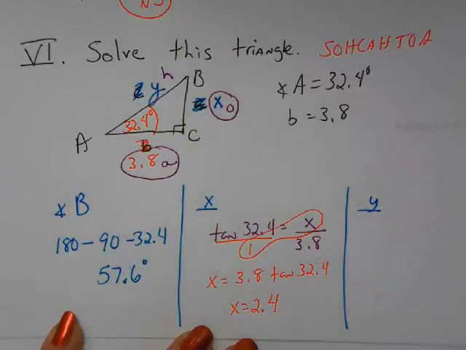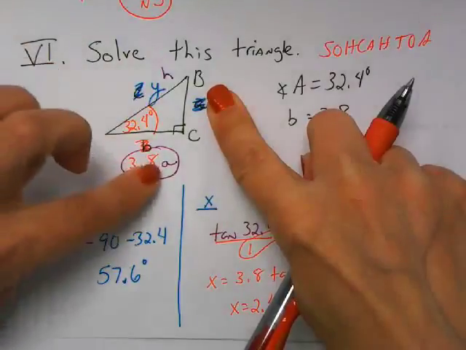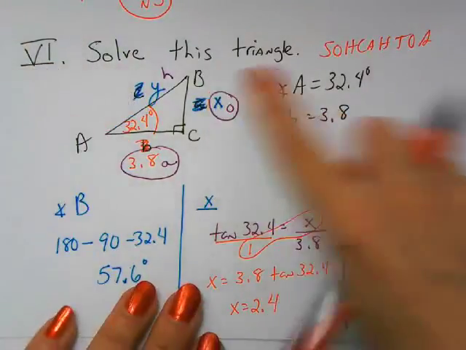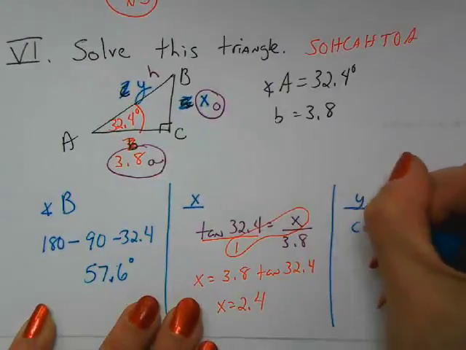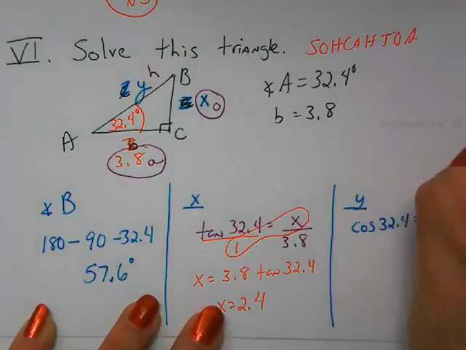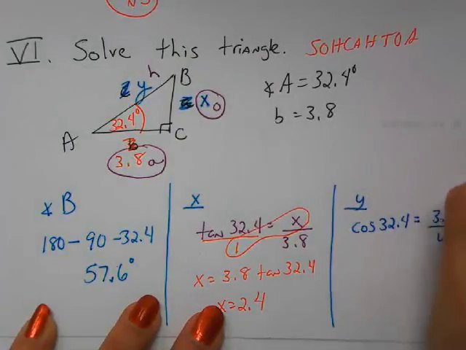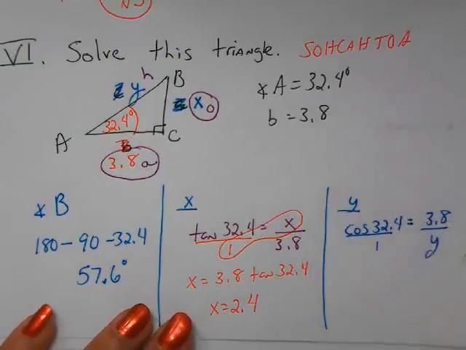Alright, let's ignore X and now let's work on Y. So to get Y, I have the A and the H. A and H is cosine. So I'm going to do the cosine of 32.4 is equal to 3.8 over y. Again, let's put a little 1 underneath him and cross multiply.